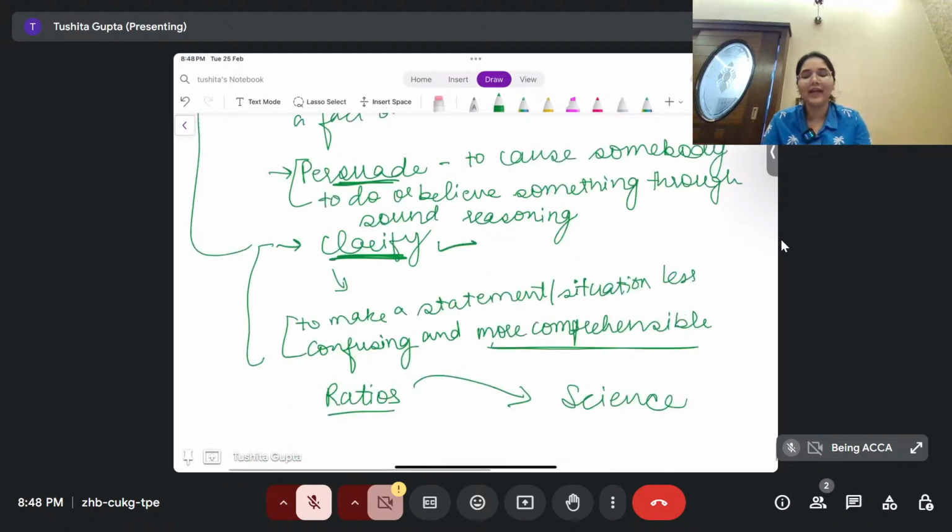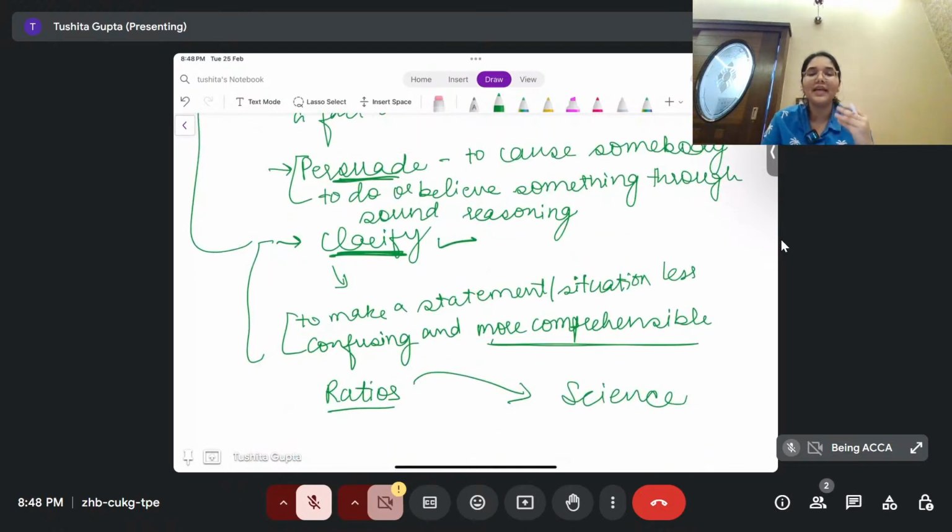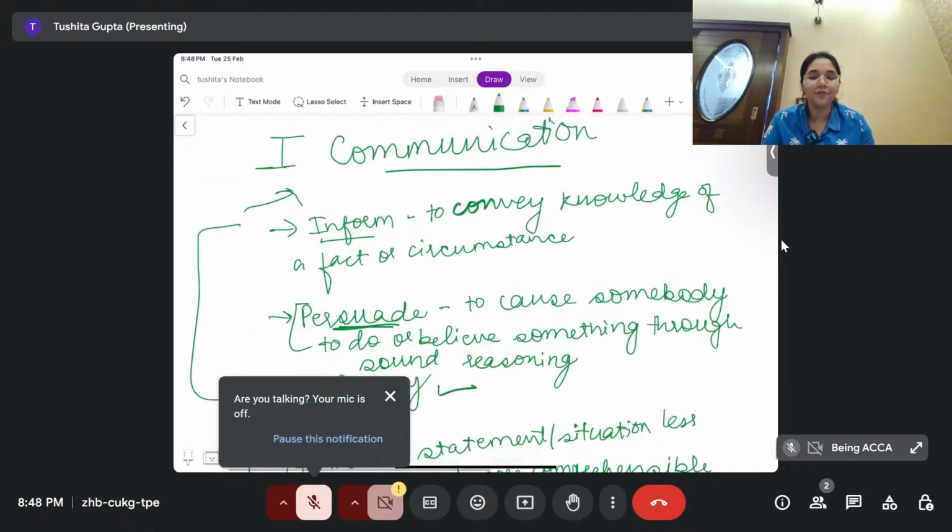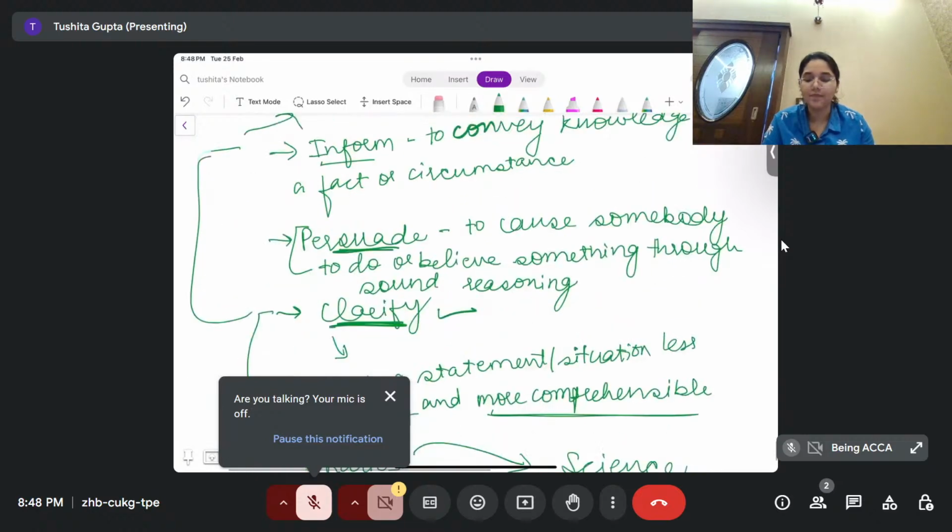However, clarifying is whenever somebody is not able to understand, is confused about something, and then via communication you try to make them understand what has happened so that they are less confused and can easily understand what exactly is happening. So this is all a part of communication, these three verbs.